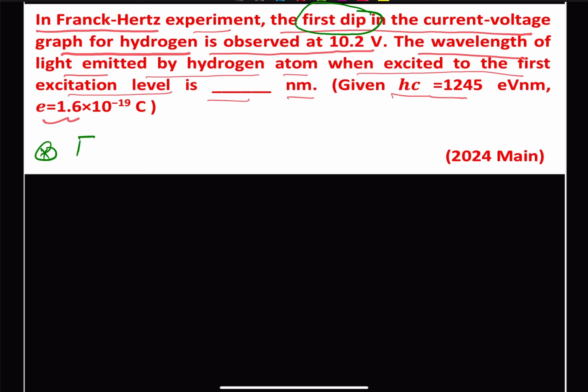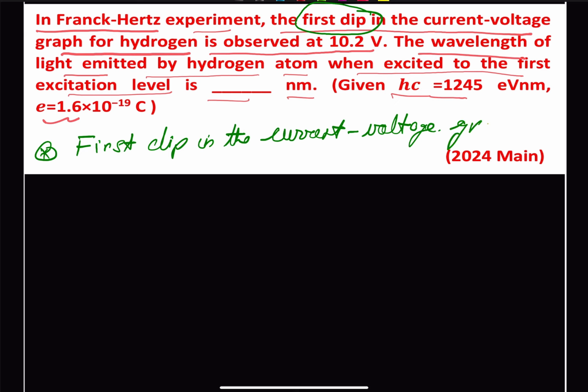Therefore we can say our first dip in the current voltage graph corresponds to first excitation energy.